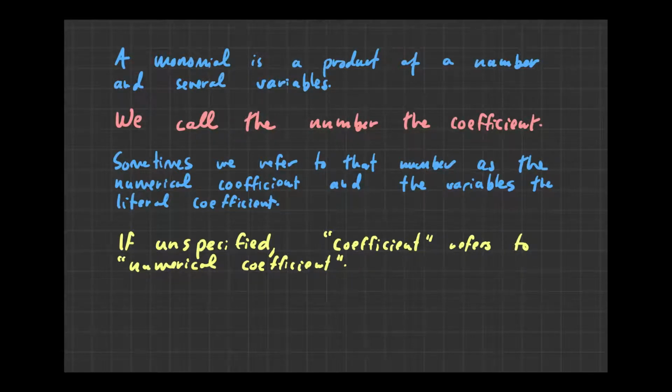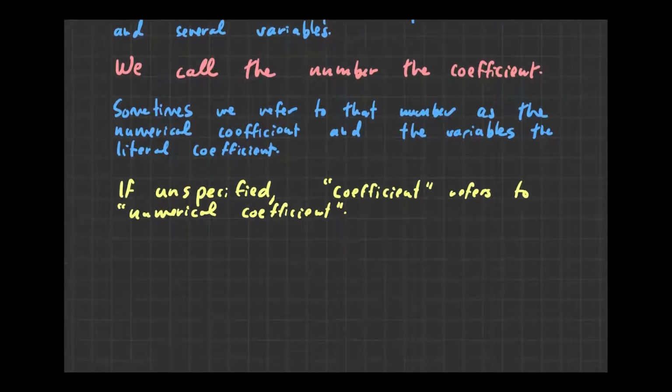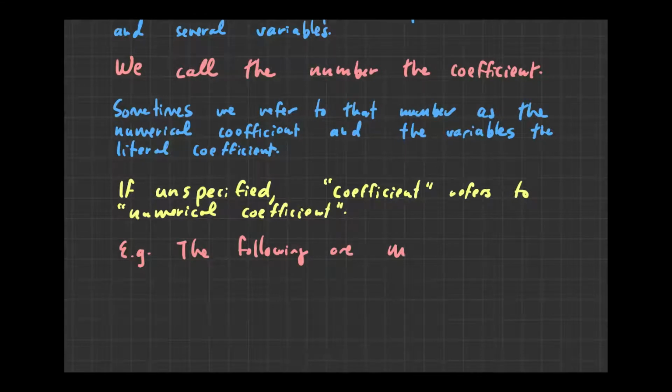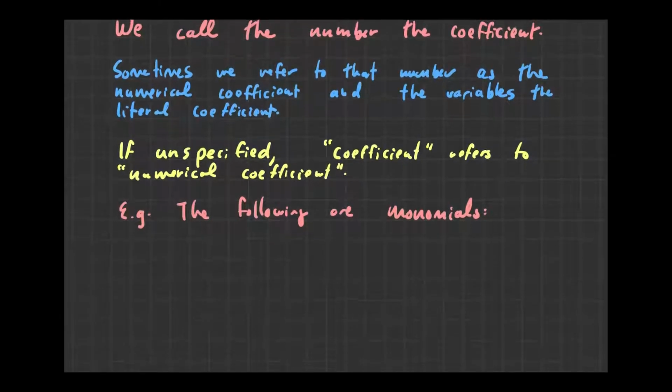So let's take a look at what a monomial might look like. The following are monomials. 3x, that would be a monomial, right? It's a product of a number and a variable. So this is a monomial.